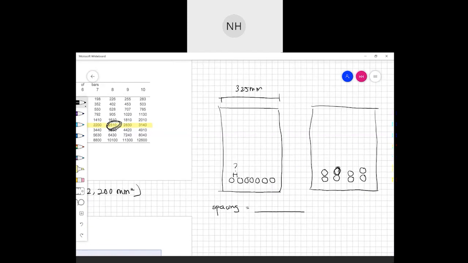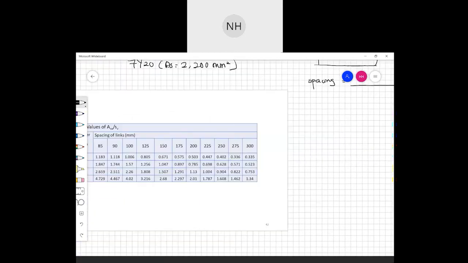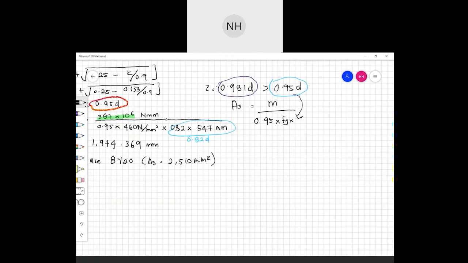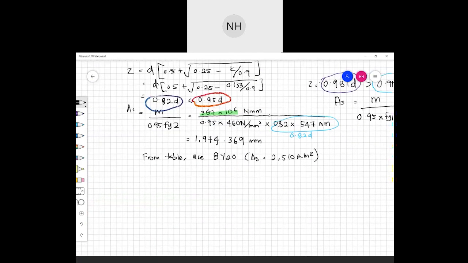Kalau you letak sampai 7 memang takkan muat, sebab spacing you perlukan lebih besar daripada HAGG plus 5 tu, lebih besar pada 25 mm lebih kurang. Jadi obviously takkan muat. So that's why kita terpaksa stack dia. So bila kita stack, still kita kena make sure that the spacing is enough lah. So kita check spacing.